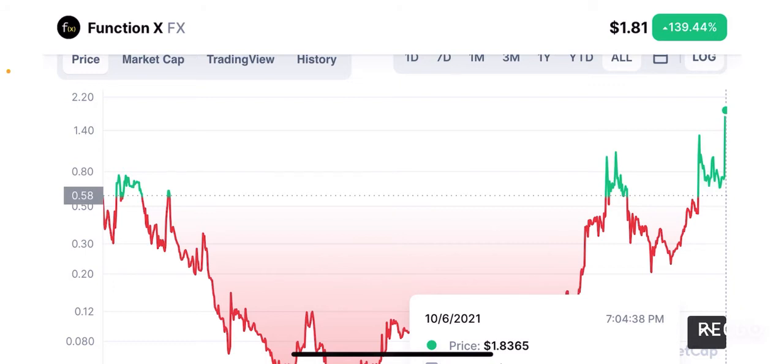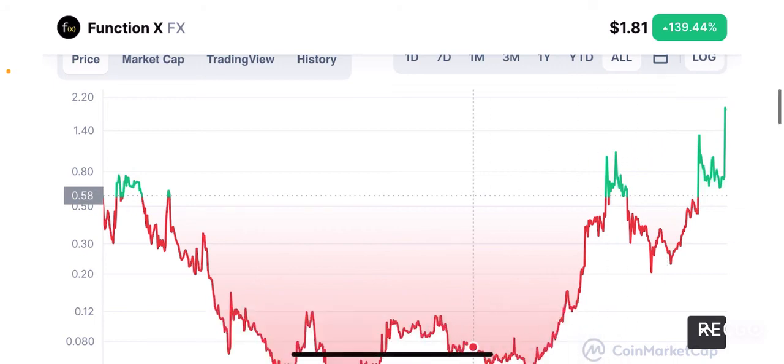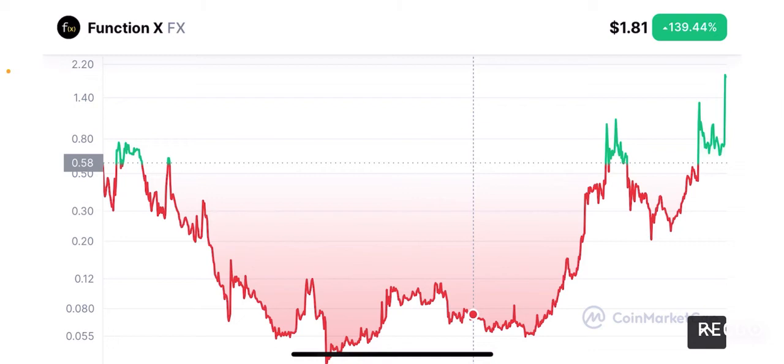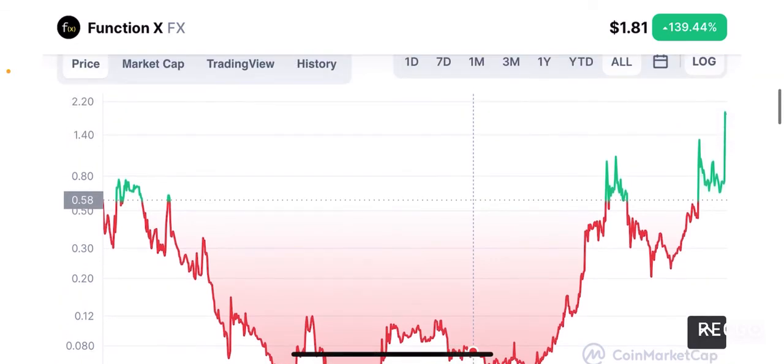I believe that after the Coinbase listing, this token can go even further, touch the $2 mark, and then crash pretty quickly as well, right? So as you can see, this token is at its all-time highs, which means if you buy it at this price point, you're going to get mega wrecked, and you need to be very careful because of that. If you want to buy this token, I would suggest you to wait.